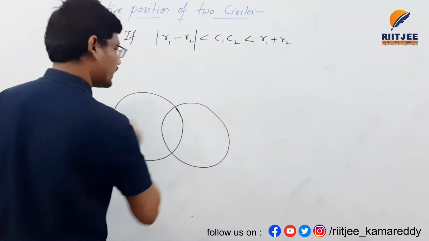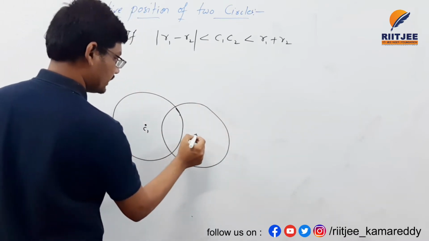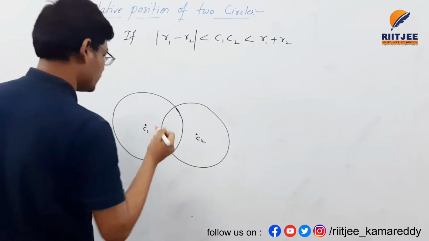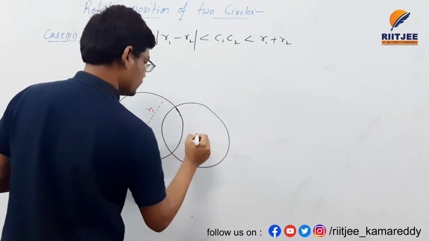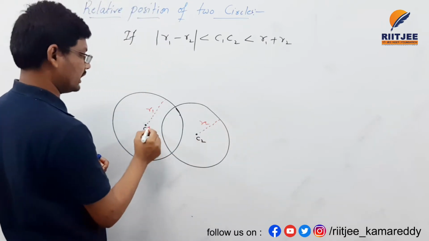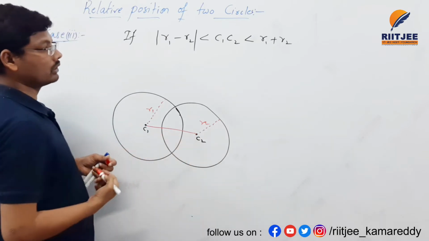This is having center C1 and this is having center C2, and this is R1 and this is R2 here, and the distance between these two centers is C1 C2.